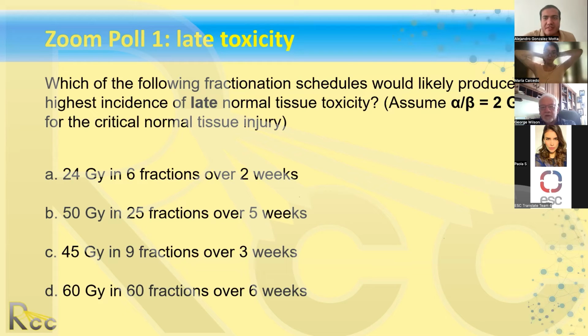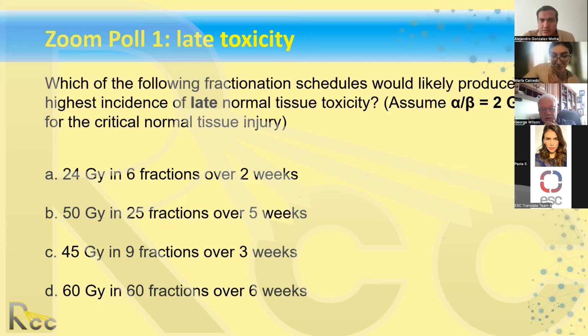So the question is, which of the following fractionation schedules would likely produce the highest incidence of late normal tissue toxicity, assuming an alpha beta of 2 gray for this critical normal tissue? So you've got 4 schedules there, 24 gray and 6 fractions, 50 gray and 25, 45 gray and 9, and 60 and 60.